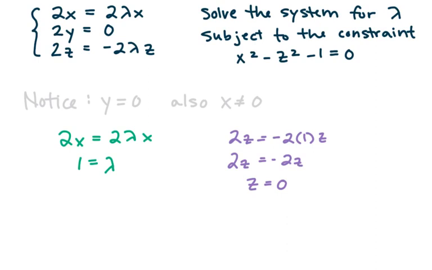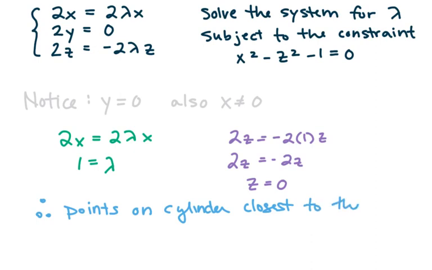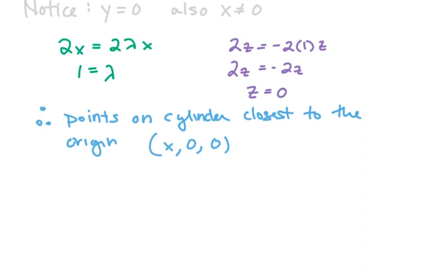So what we have determined, thinking about this system, is that y is 0, z is 0, x cannot be equal to 0. So therefore, the points on the cylinder closest to the origin must be in the form x, 0, 0. Well, what could x be?